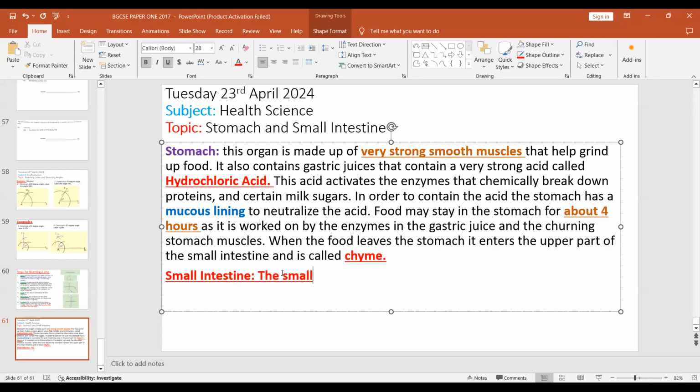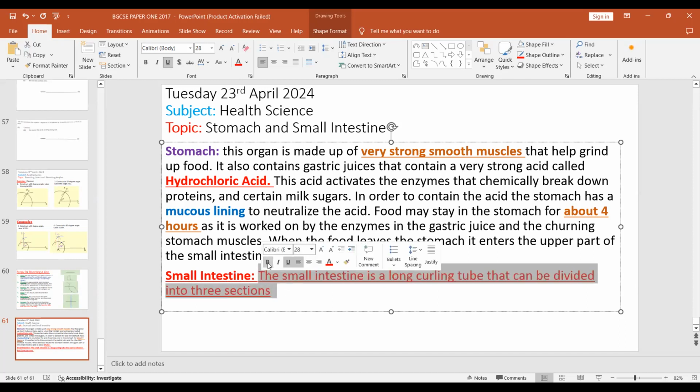The small intestine is a long curling tube that can be divided into three sections, right? So we could divide the small intestine into 3 sections.